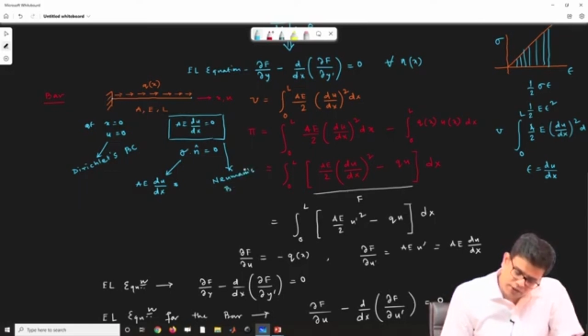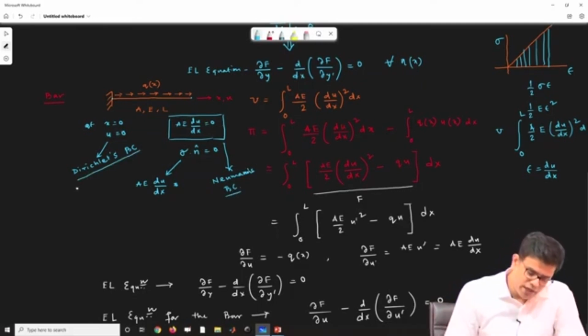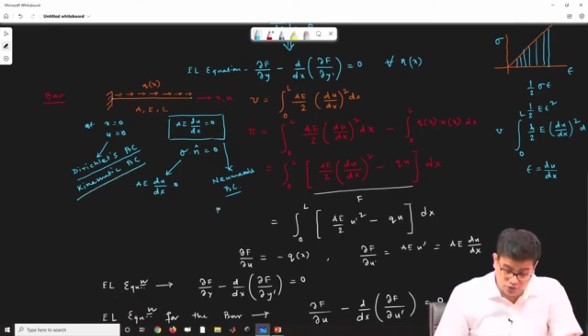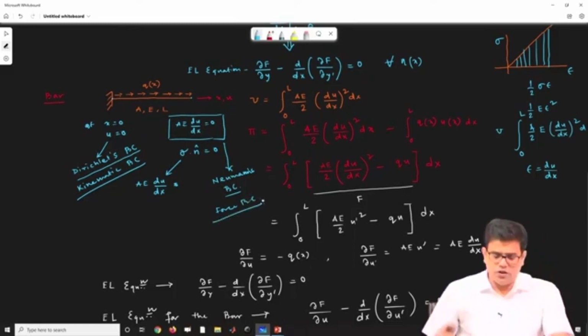The Dirichlet condition is also known as the kinematic boundary condition. There are several names. The Neumann condition is also known as the force boundary condition. So all those names are there.